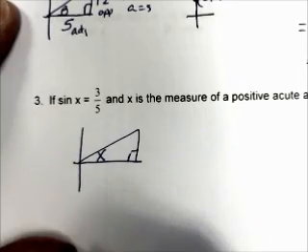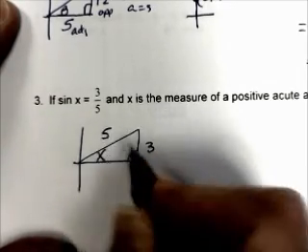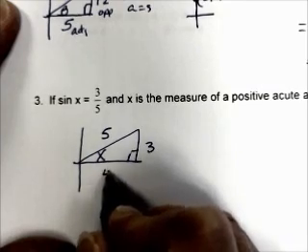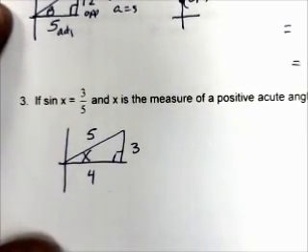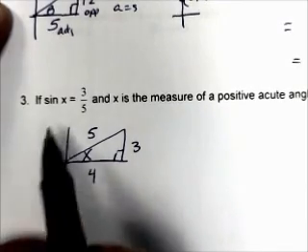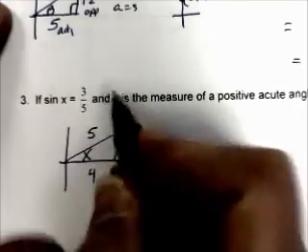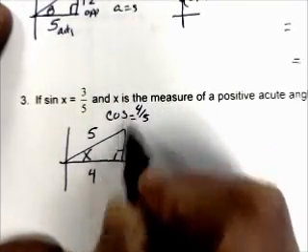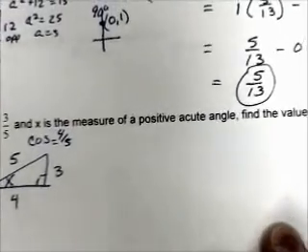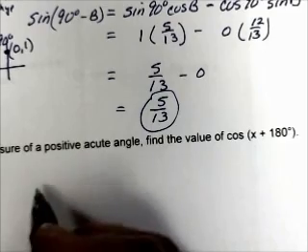Sine x, label the angle x, opposite over hypotenuse, so the adjacent side is 4, that's a 3, 4, 5 Pythagorean triple. Do you have to draw the triangle? No, not every time. I know that a lot of you, if you know that the sine of x is 3/5, then the cosine has to be 4/5, right? Find the value of the cosine of x plus 180 degrees.